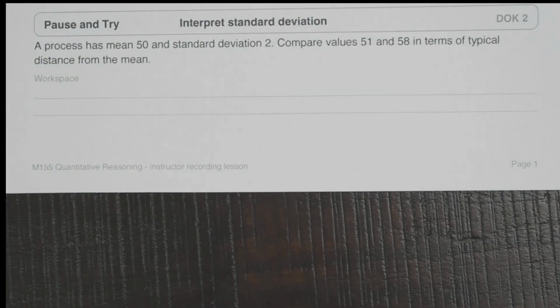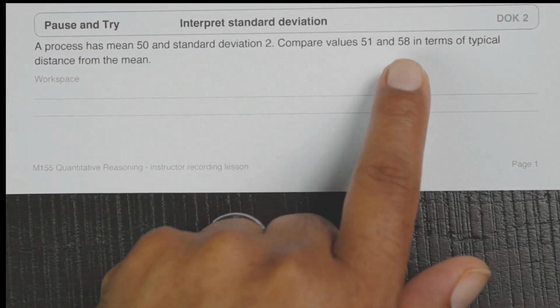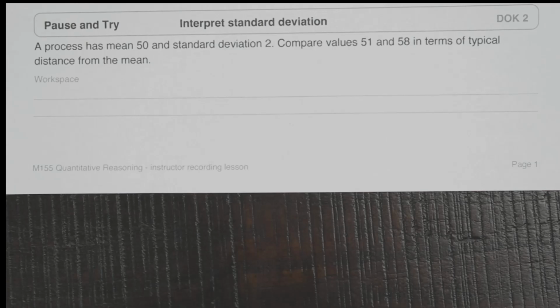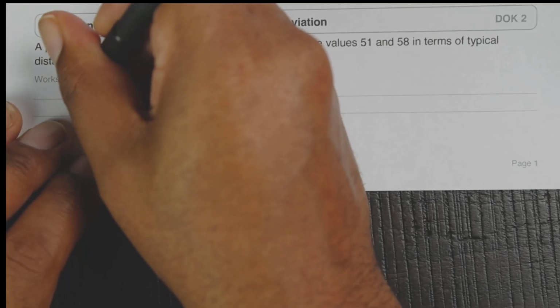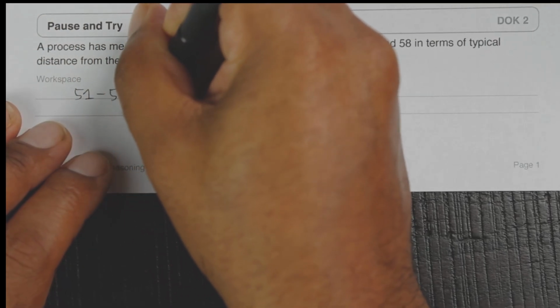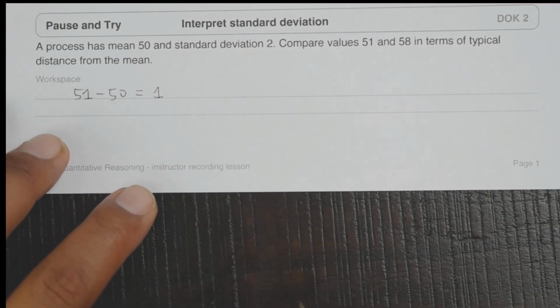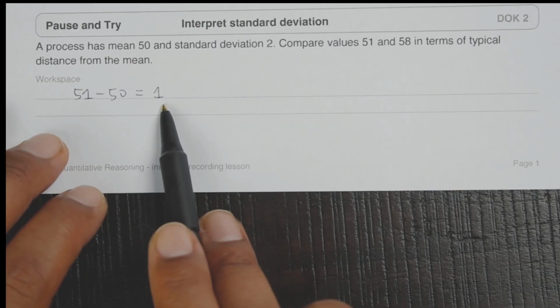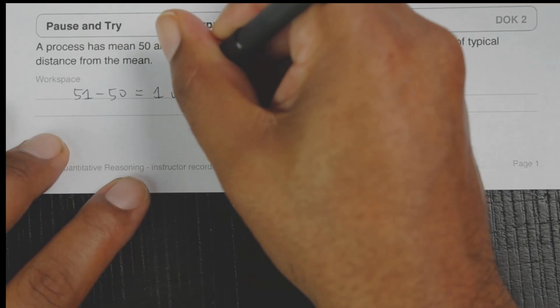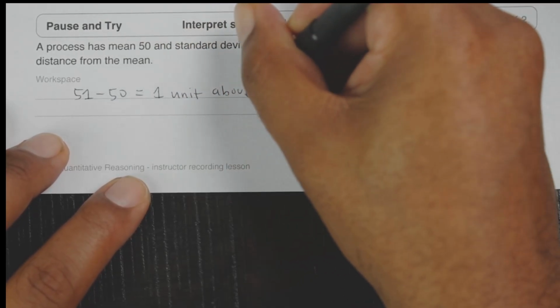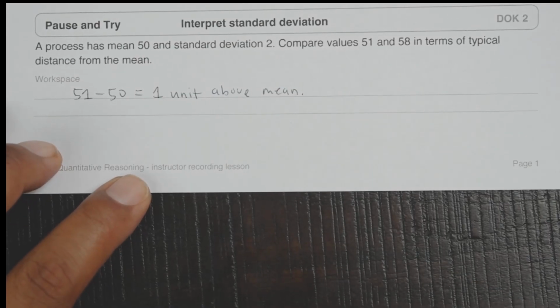All right, try the problem at the bottom. Suppose a process has a mean of 50 and a standard deviation of 2. We want to compare the values 51 and 58 in terms of typical distance from the mean. For 51, 51 minus 50 is 1, so 51 is only 1 unit above the mean.